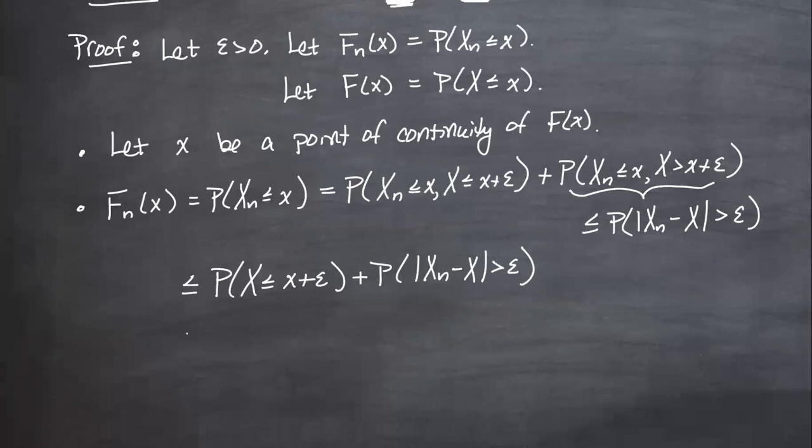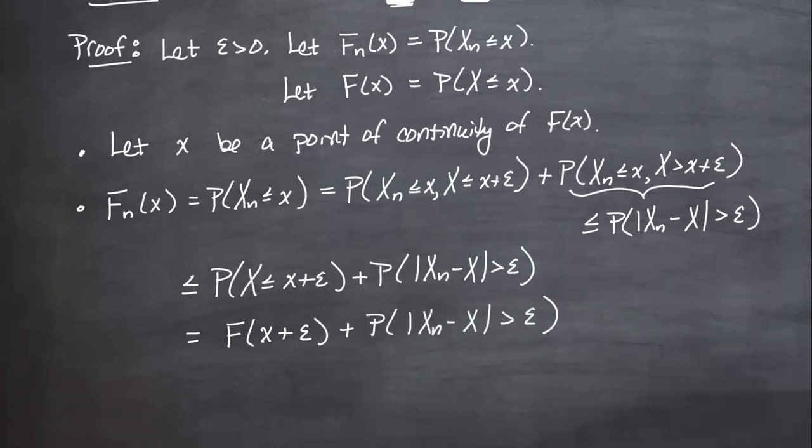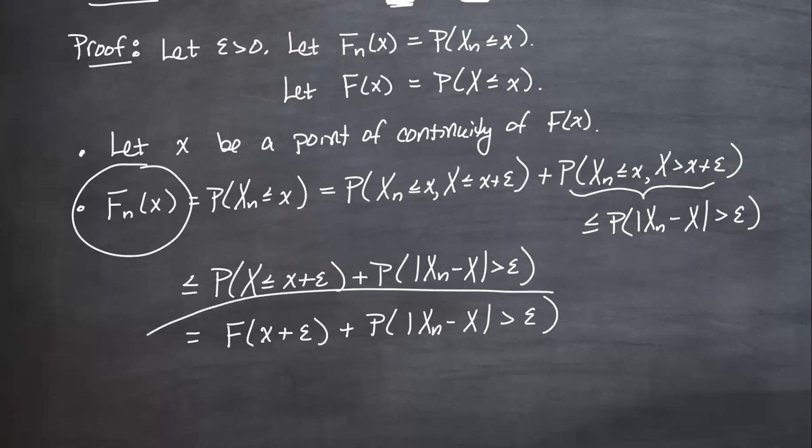Okay, so what I have here is the CDF for just X, which is capital F, evaluated at x plus epsilon, plus something that looks like the main part of a convergence in probability statement. I am going to want to be taking the limit as n goes to infinity of this, and I could take the limit of this stuff.